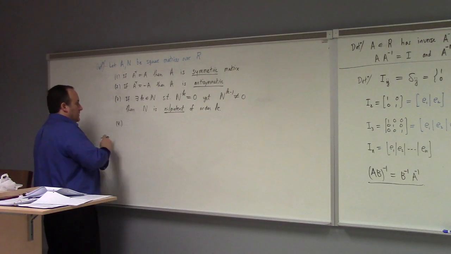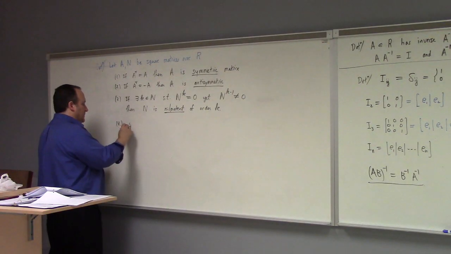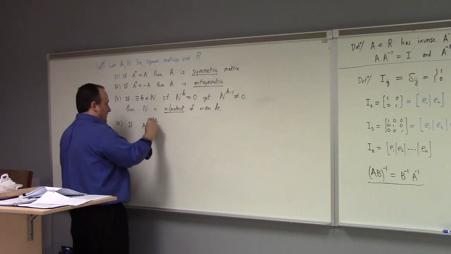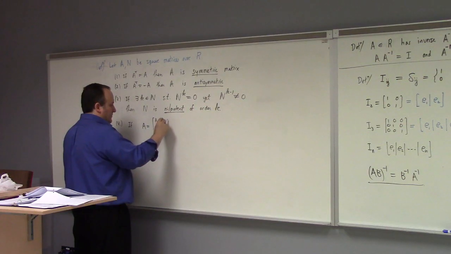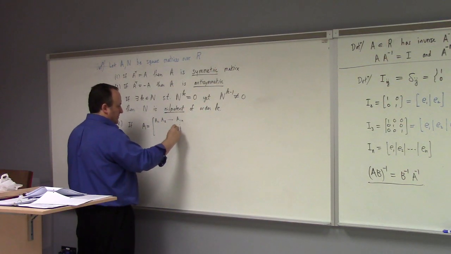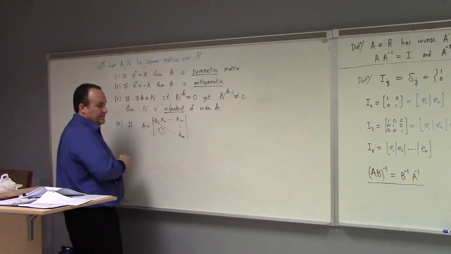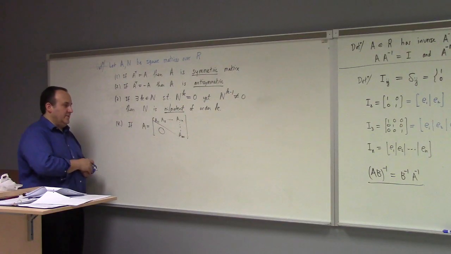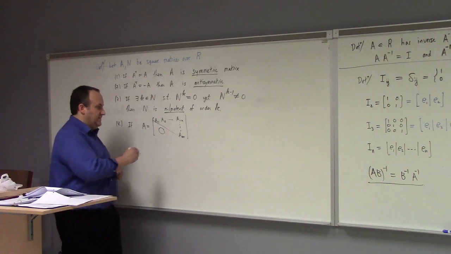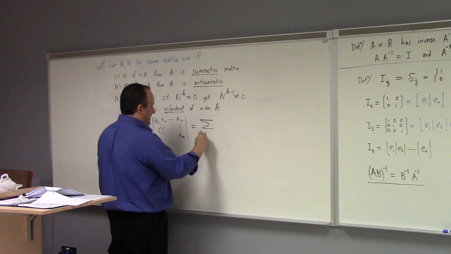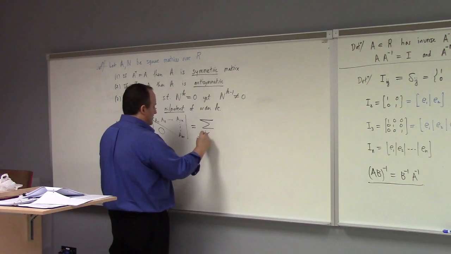For A looks like A11, A12, and so on up to A1n, down to ANN, with zeros down here. Can we write that in terms of matrix units? What would that look like? This is the sum over i less than or equal to j.